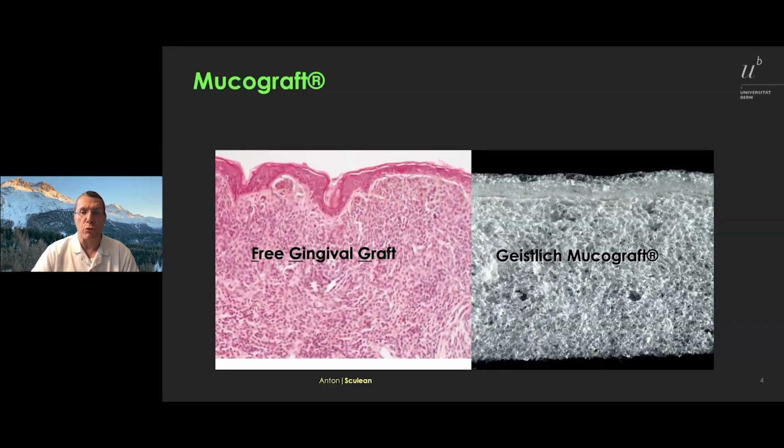It consists of two different components, a three-dimensional matrix that mimics the connective tissue component, and also a kind of collagen membrane on the top that may mimic the epithelial layer. The material is biocompatible at a high level. It is also hydrophilic because it absorbs the blood very nicely, and it stabilizes the blood clot.